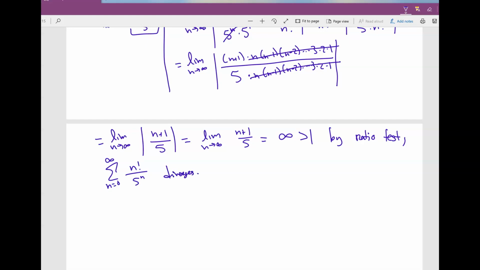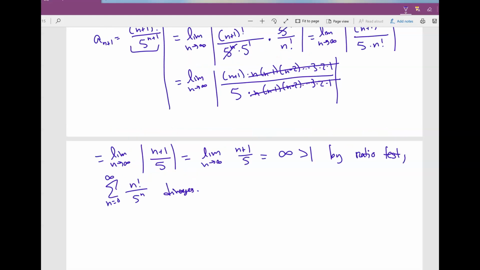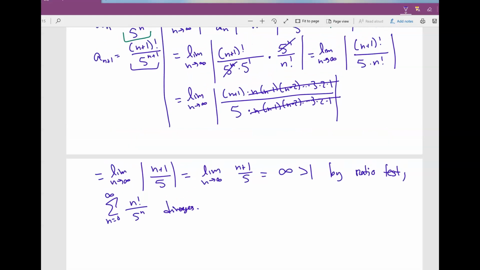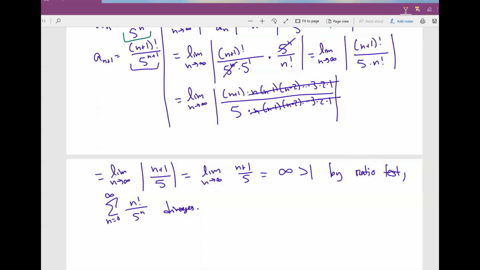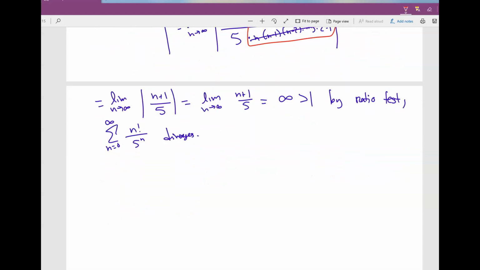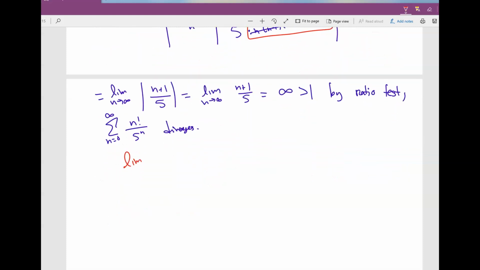Now, the tricky part was being able to expand this. If I were to look at this one more time, do I really need to be expanding all of this out? No, you don't. You could have just done this. I have the limit as n goes to infinity of the absolute value of n plus 1 factorial over 5 n factorial.